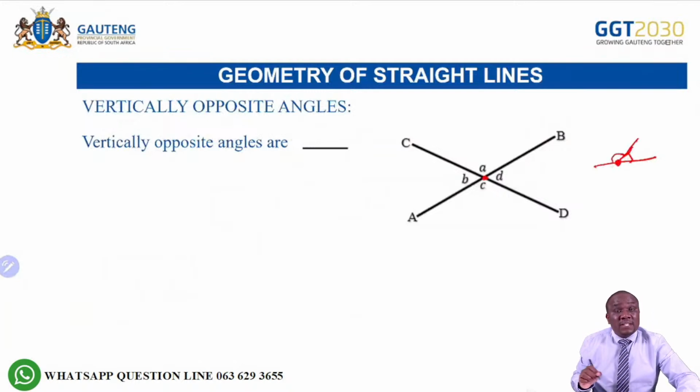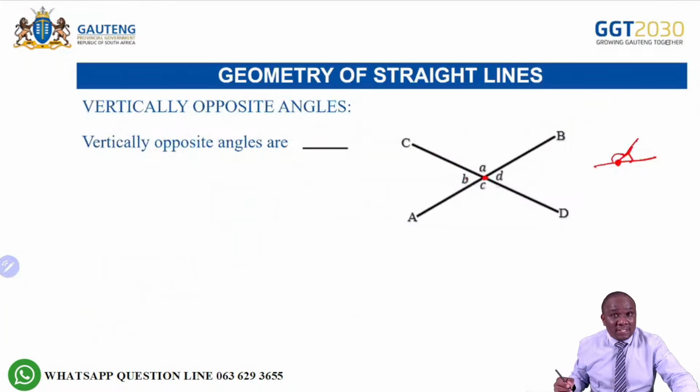But the vertically opposite angles, they don't have a common arm. If you check, A and B are adjacent angles on a straight line because they have the common arm there, the CD one. But what about A and C? What about B and D? They don't have a common arm. A and C, they do not have a common arm. Do you see that?